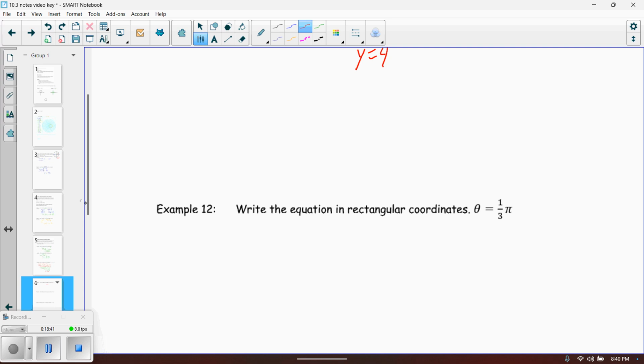Number 12, all it gave us was theta. But remember, we do have an equation or expression that says that tangent of our angle is y over x. Well, they gave me the angle. It's 1/3 of pi, or pi thirds is probably the easier way to write that. So I'm just going to substitute that in for theta.